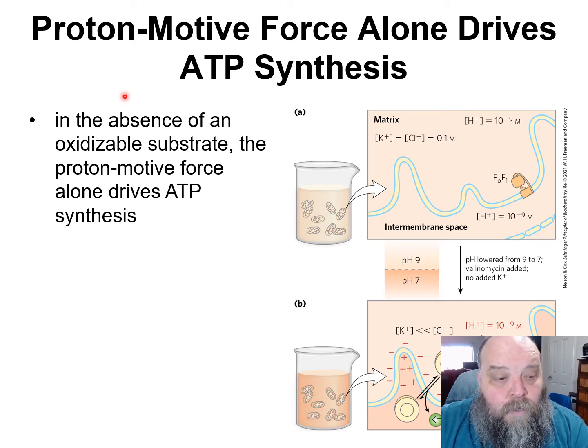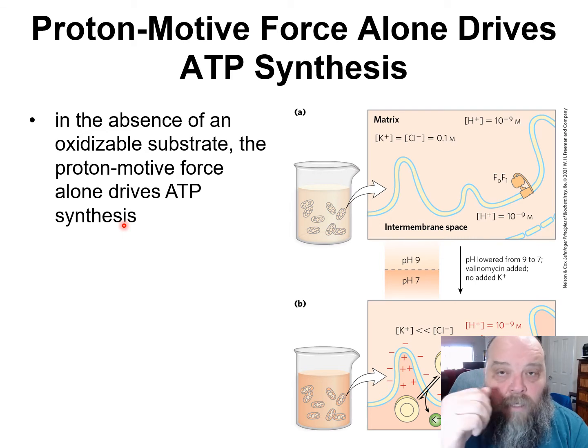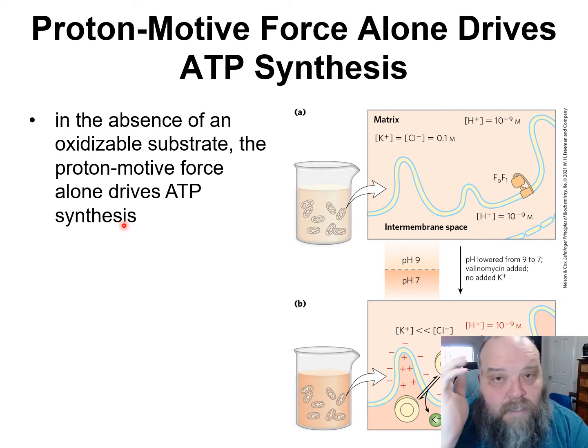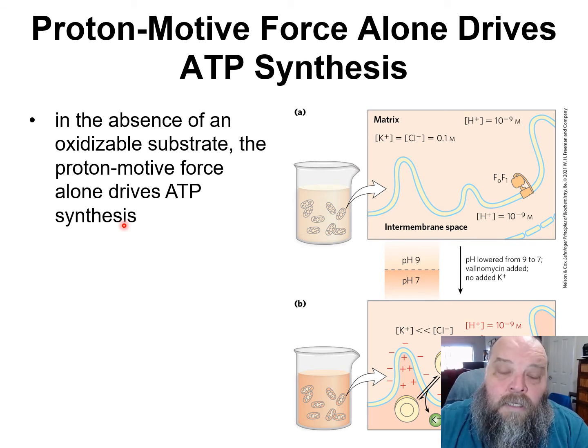So you can also go through and remove any oxidizable substrate. That means you get rid of the organic materials, the acetyl-CoA, any of the succinate, any of that. You get rid of that, but as long as the hydrogen imbalance is there, ATP synthesis will still continue to occur. And they've shown it.